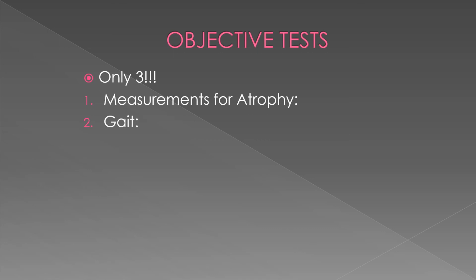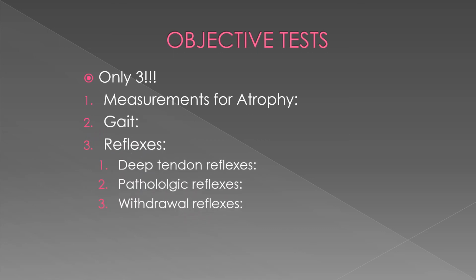The first one is measurements for atrophy. Atrophy, of course, is not in any way reliant upon the response of the examinee, so a measurement of atrophy is a true objective finding. Gait also provides us some measure of a true objective finding, especially in the presence of normal gait.